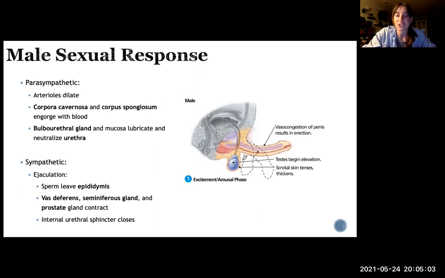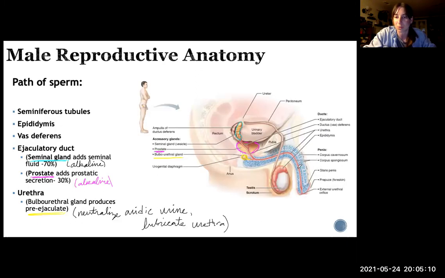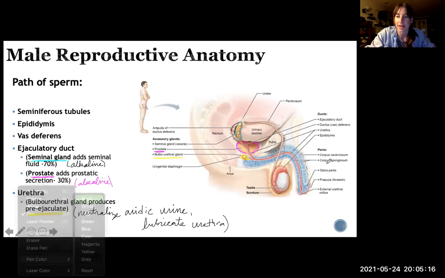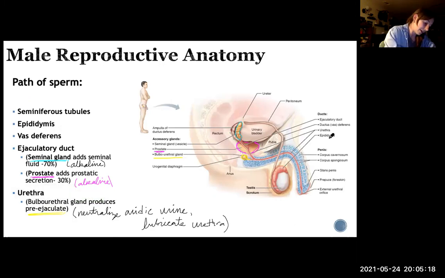So in order to achieve an erection, the arterioles that lead to all of this spongy tissue of the penis, which are actually very important, I'm going to go ahead and underline them, include two parts. You've got the corpus cavernosum and the corpus spongiosum. Okay, so these are both important parts of the penis.